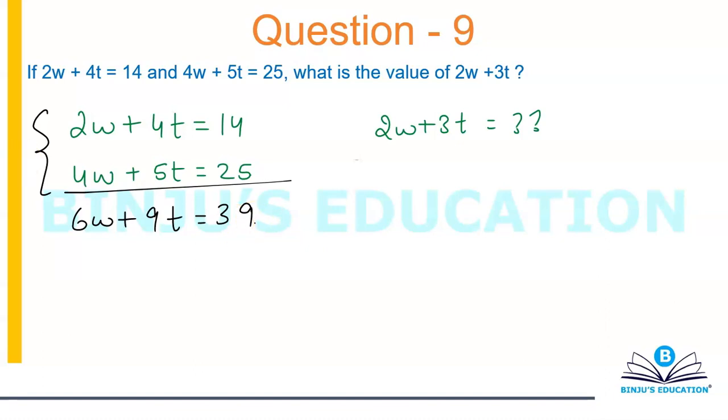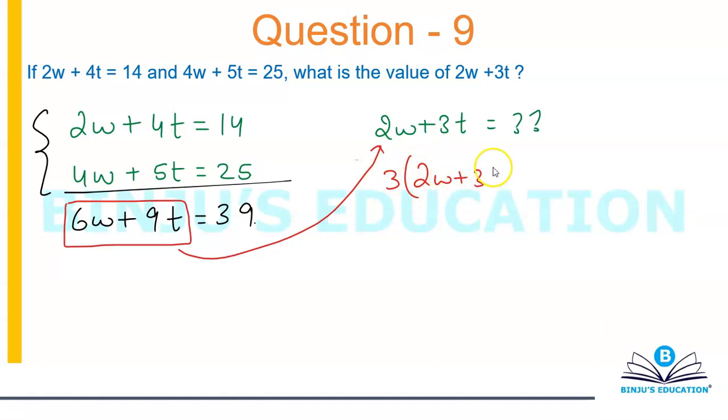And now I would realize that this expression here is basically a multiple of 2w plus 3t. That is, if I multiply 2w plus 3t with 3, I'm going to end up with 6w plus 9t.